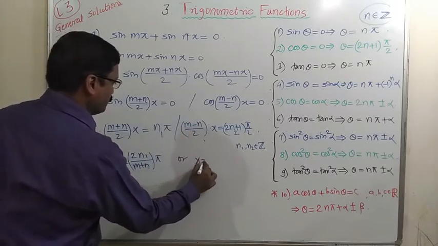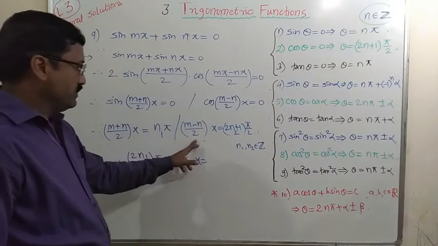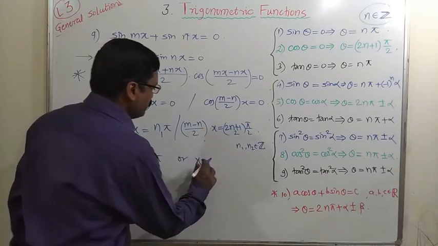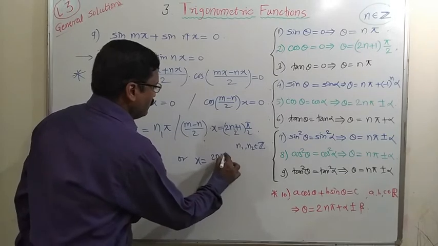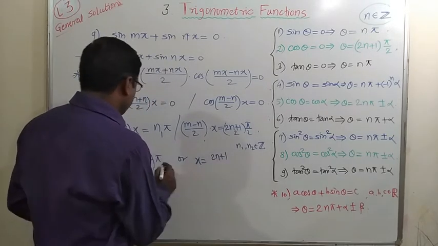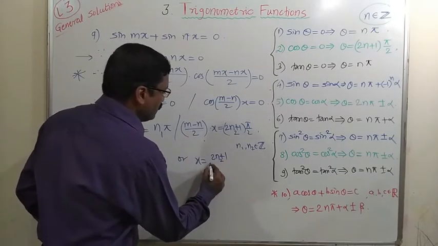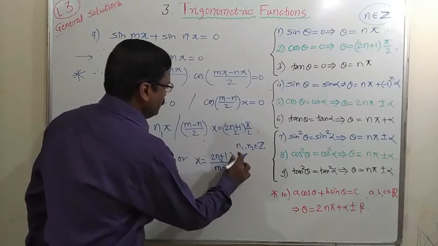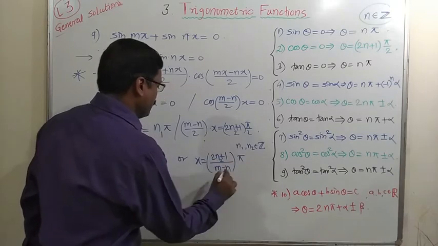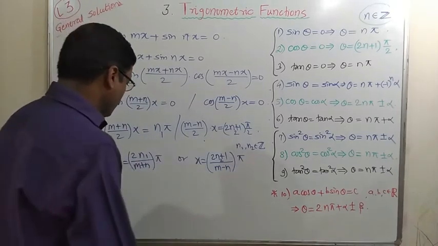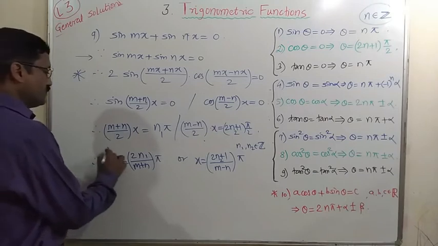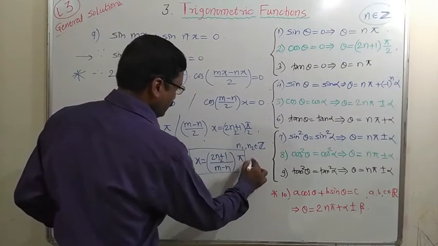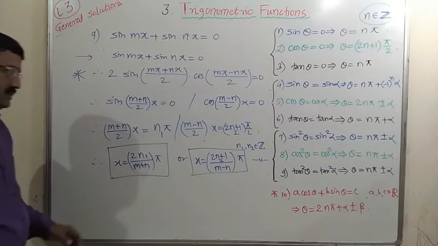Or x equal to, taking this multiple, so this 2 will be cancelled, so we get here x equal to twice (n2 plus 1) upon (m minus n), multiple is only pi, because 2 gets cancelled. So these are two solutions, first and second, where n1, n2 belongs to set of integers.